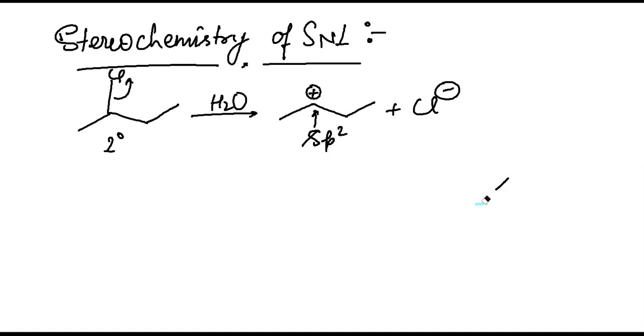It is not square planar. It should be like this, and these angles are 120 degrees, isn't it? This is, let's say, G1, this is G2, this is G3.